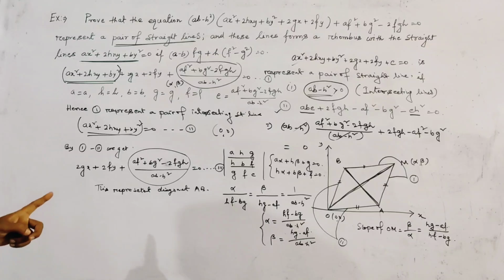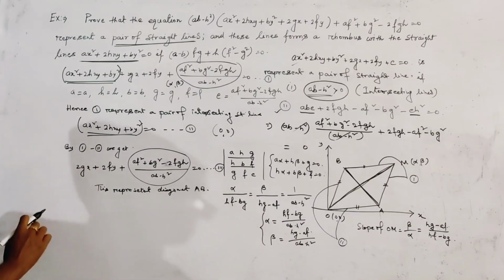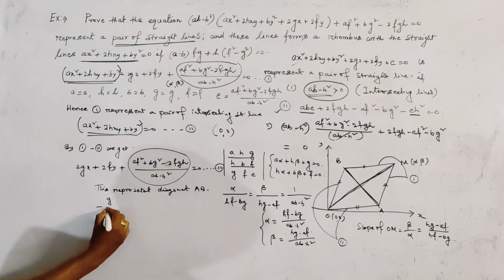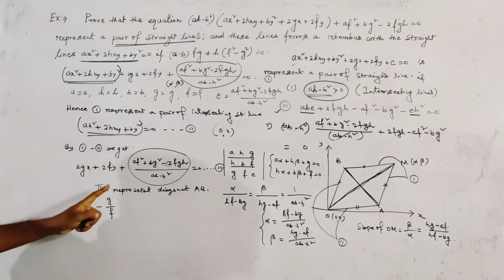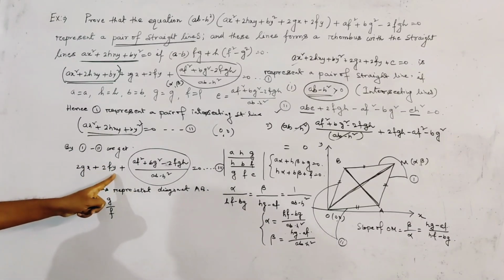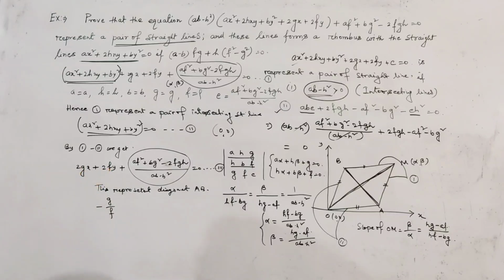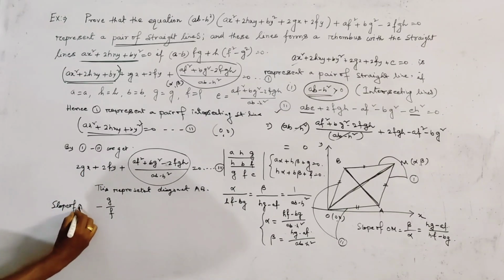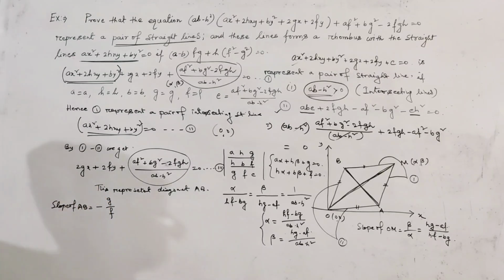Now it is easy to find the slope of this diagonal AB, which is given by minus g by f. If we arrange this straight line as y equal to mx plus c, the slope of AB is equal to minus g by f.